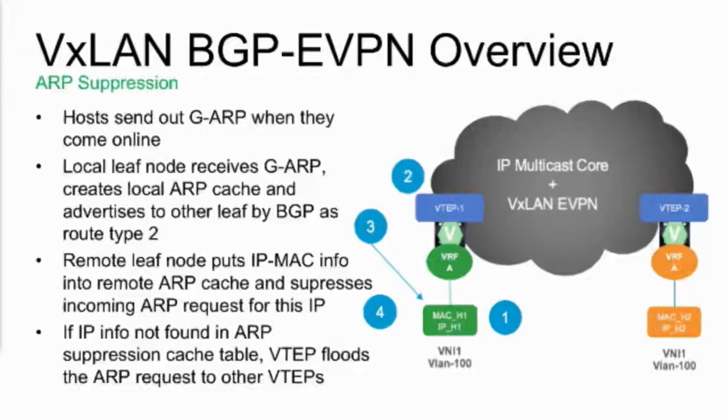With that, if host B tries to reach host A, instead of flooding those packets, it will look up who holds that MAC address in its ARP suppression cache, and forward directly to that particular endpoint, rather than using multicast packets to flood the network. This saves a lot of flooding.